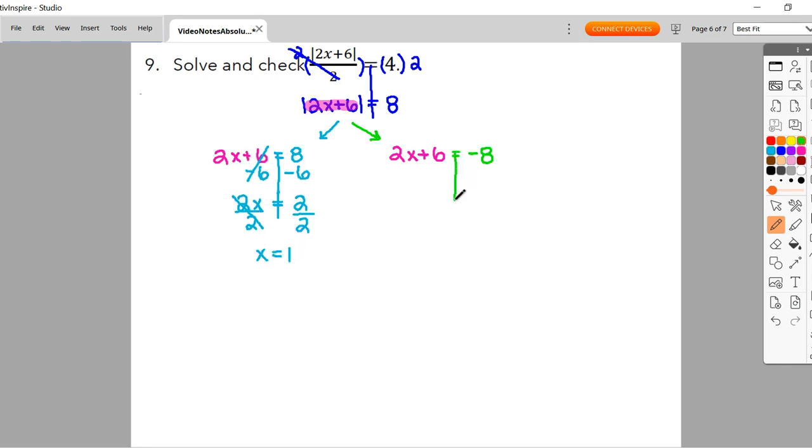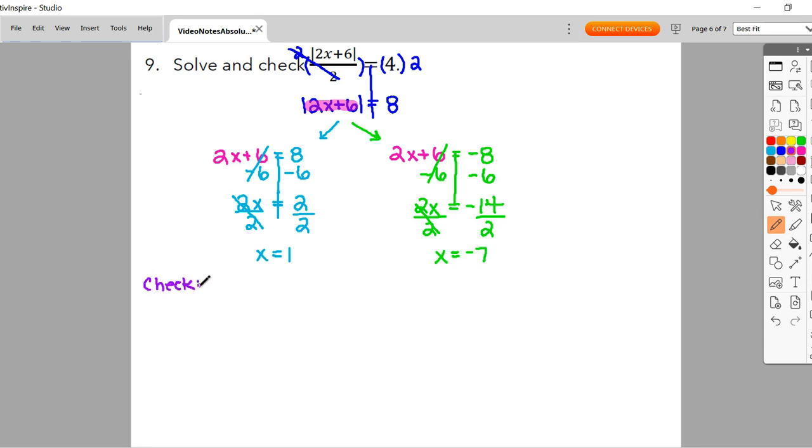In the second possible equation, we subtract 6 on each side again, but now I have 2x left on the left and negative 14 on the right. And I divide each side by 2, getting x is equal to negative 7. So remember, these can both be possible true solutions, but we plug it back into the original given problem to check to see if it's a true solution or not.